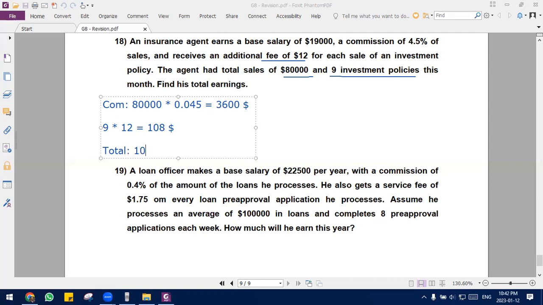So his base salary that he is getting, plus the commission, plus the fee. In total, it's $22,708.